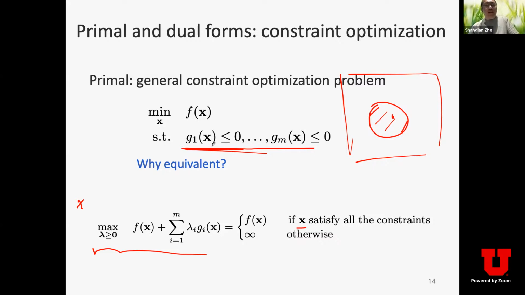That means g1(x) must be less than or equal to 0, g2(x) less than or equal to 0, until gm(x) less than or equal to 0. And in the inner maximization problem, we want to maximize the Lagrange function with respect to non-negative lambda. Then what's the best choice of lambda? Any thought?